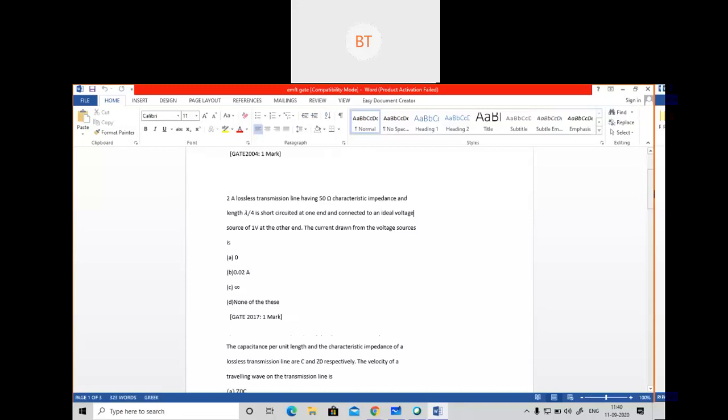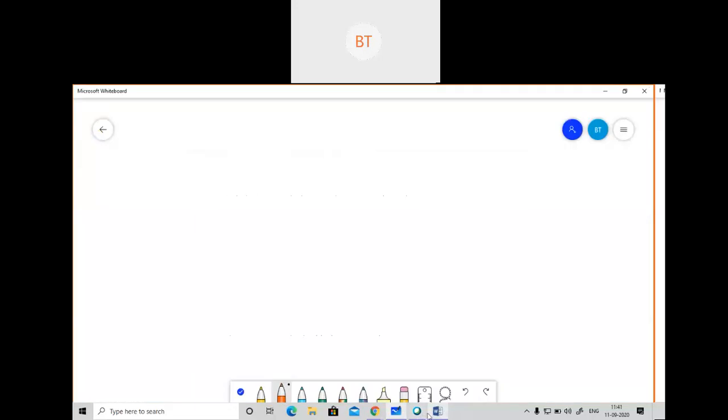Your formula was 100% correct. So the answer was 0, correct. So see, 2 problems have been solved, the 2017 question paper has been solved. 0, Aditi, very good. So the people who are attending the class sincerely, they are getting the answer. Charu, very good. So 0 is the correct answer.